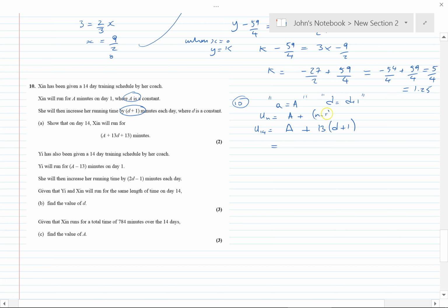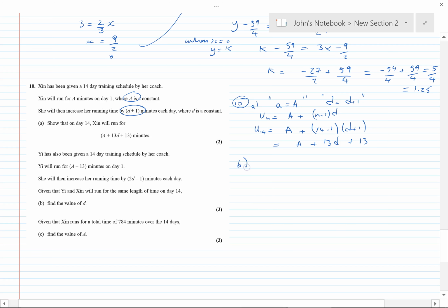Plus n minus 1 d. We need to take care here, because it is saying show that, and it's kind of obvious, so we really do need to take care that we actually show that. So we're putting into that formula, U14 is equal to A plus n minus 1, so that's 14 minus 1, times D, which is D plus 1, and now I think it's okay to write the answer. Always have to be a little bit careful when we're being asked to show something, that we're not just writing the answer down because we can see that it's true. Okay, so there we go. That's the first part done.